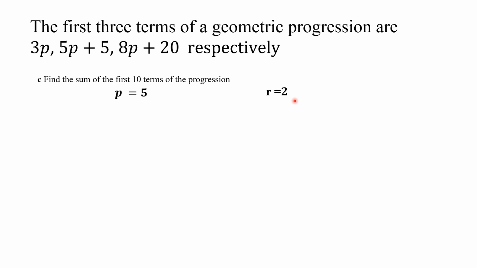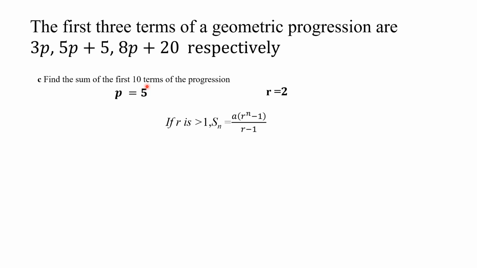The formula for calculating the sum to n terms of the progression is equal to a multiplied by r to the power n minus 1 divided by r minus 1, where a is the first term. In this case, it is 3p. r is the common ratio, which is 2. And n is the number of terms that we want to calculate for, which is 10.